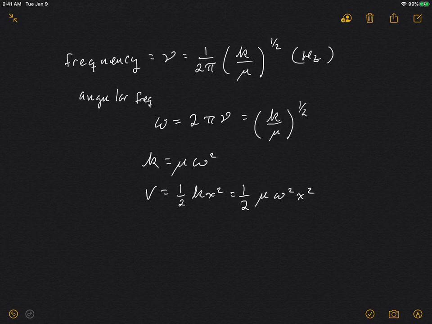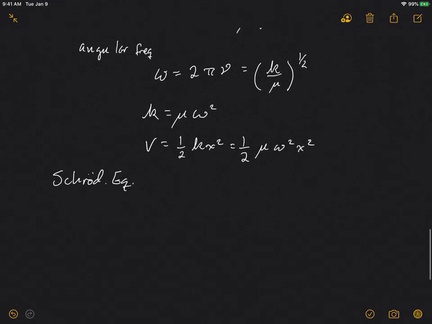And then we know what our potential energy is. And so then our Schrodinger equation is, there's a kinetic energy term. So it's going to be our Hamiltonian, which is the sum of kinetic energy terms and potential energy terms.